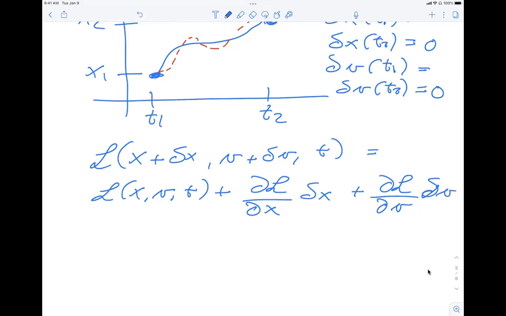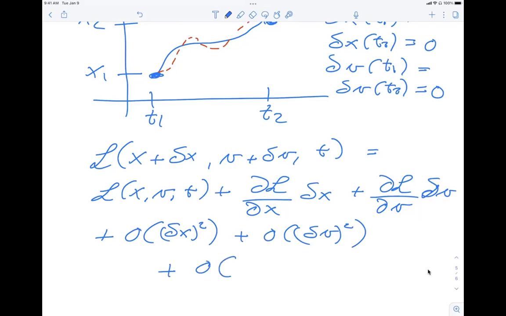And then we have a term which goes like plus higher order terms of delta x squared, plus O of delta v squared. And then we have also neglected a cross term between x and v.